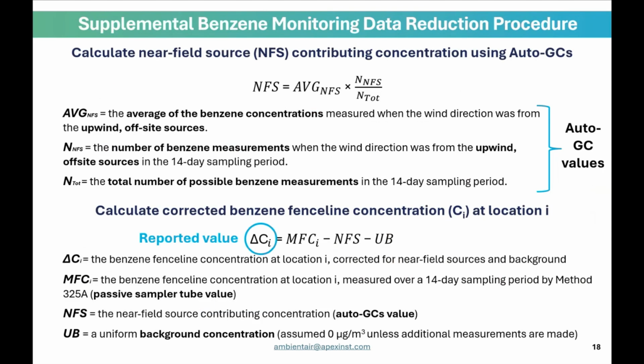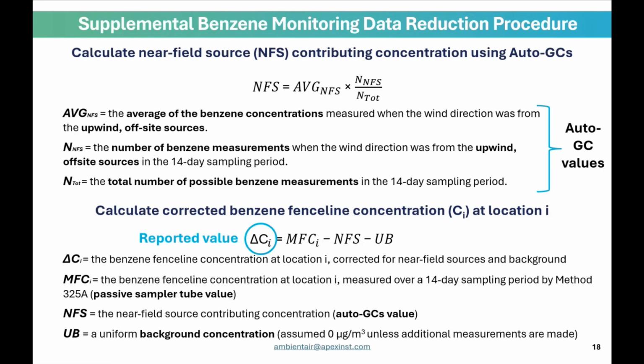Okay, and switching back over to the SSMP, this is the light math portion of the talk. It shows how CITGO was actually calculating the benzene concentration. The first thing they had to do was to calculate the corrected benzene fenceline concentration. To do that, they were calculating the near field source contributing concentration. So this first value here has to do with values generated from the auto GCs.